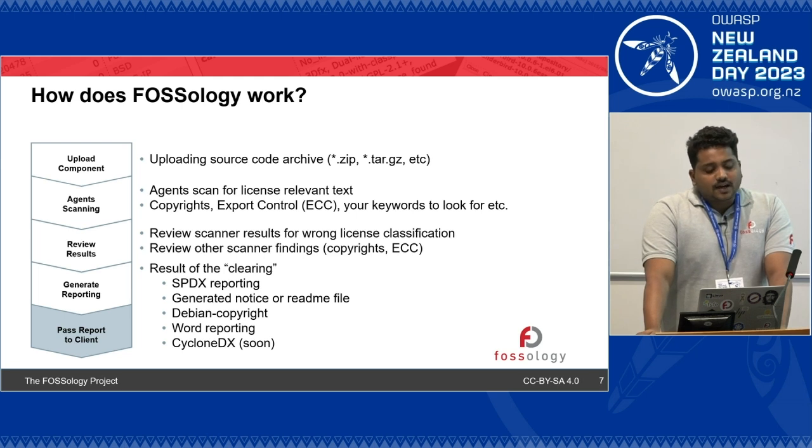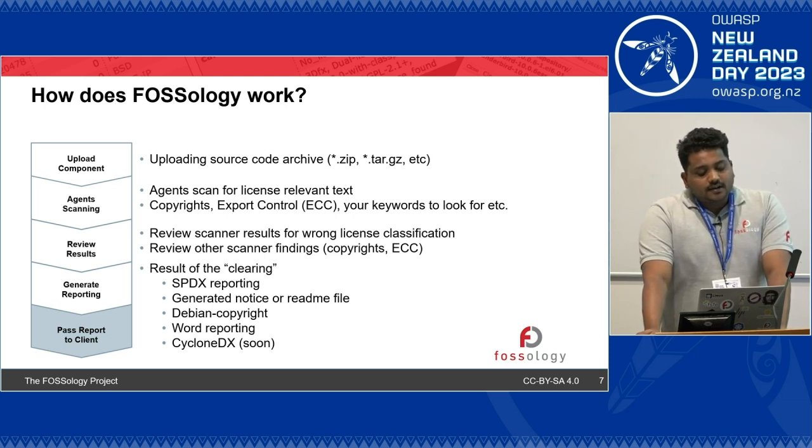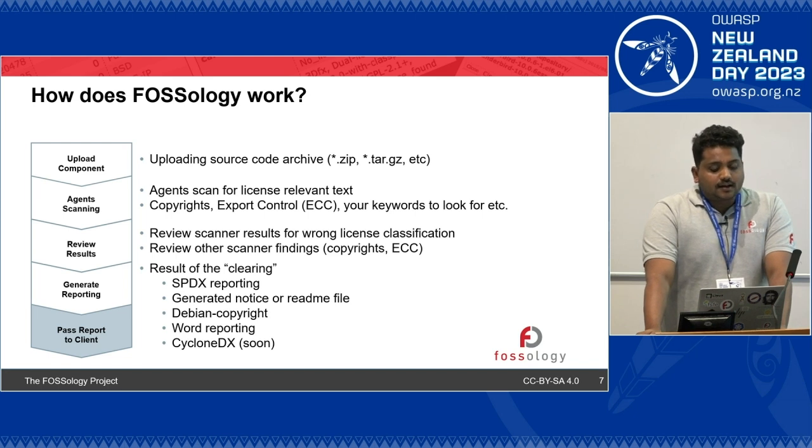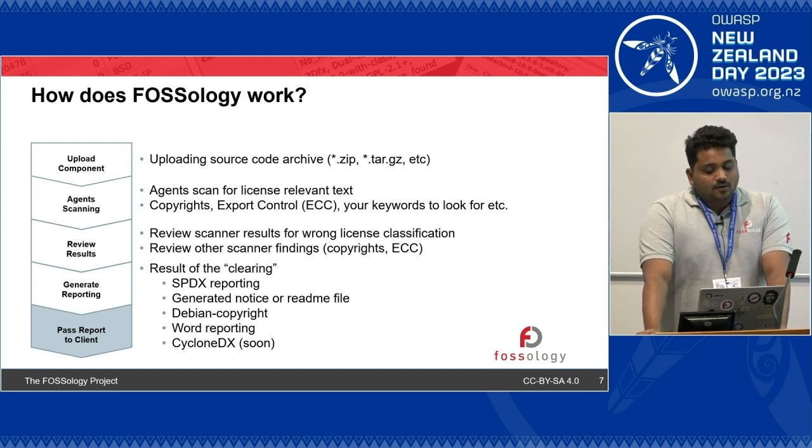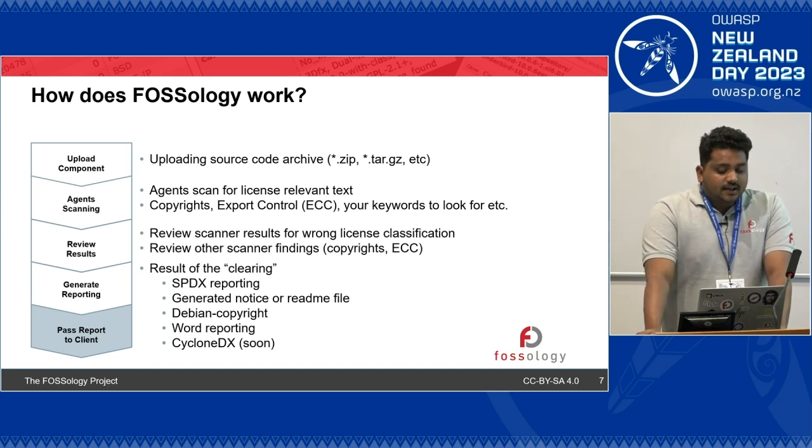We also have agents like copyright, export control, and also a keyword agent which looks for the keywords which you want. After that, you review the scanner results for wrong license classifications. And then you also review the other scanner findings like copyright and ECC. And finally, you generate the report.